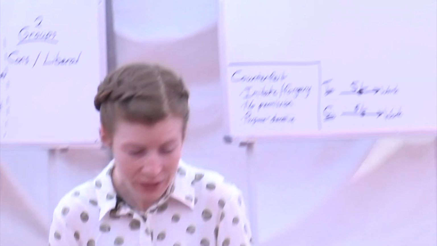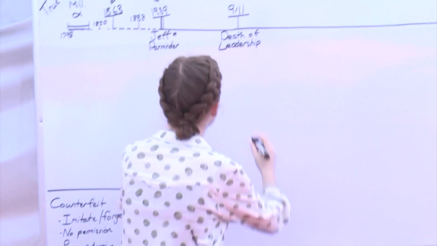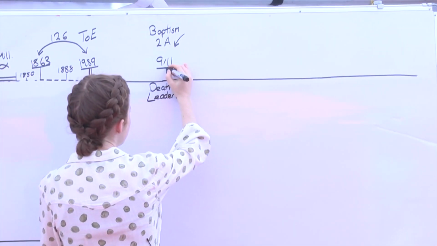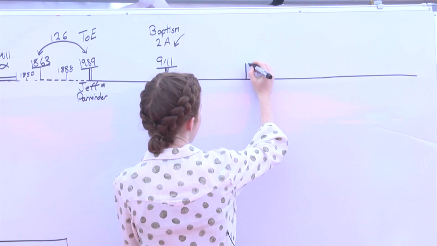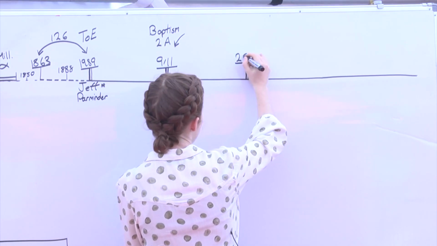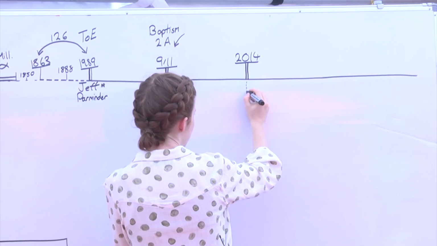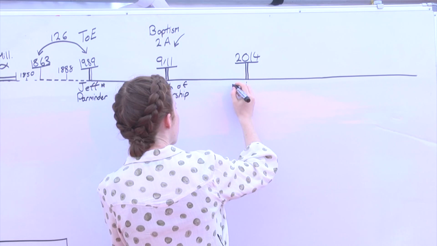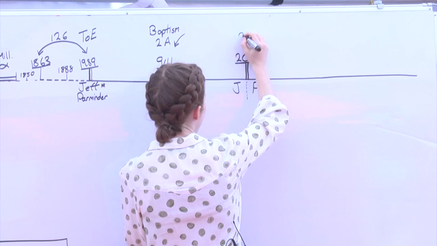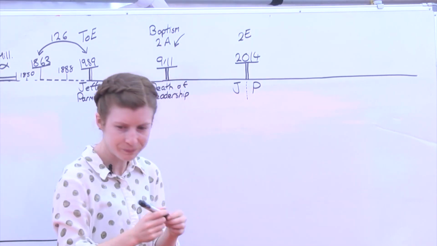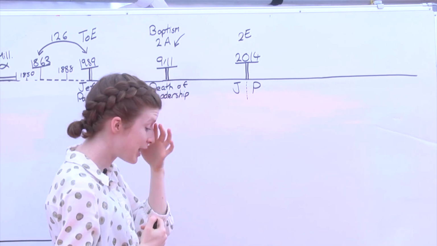So after the death of the leadership, we're marking this as 9/11 and the arrival of the second angel, symbolised by Christ. He goes into the wilderness. He comes out again in 2014, second leader, and we see a transition here from Elder Jeff to Elder Parminder. The empowerment of the second angel. So as we see the empowerment of the second angel, there's a change in leadership.